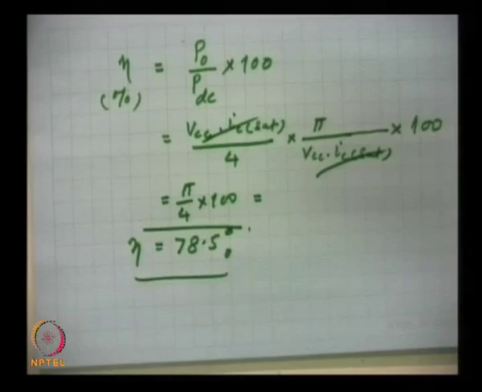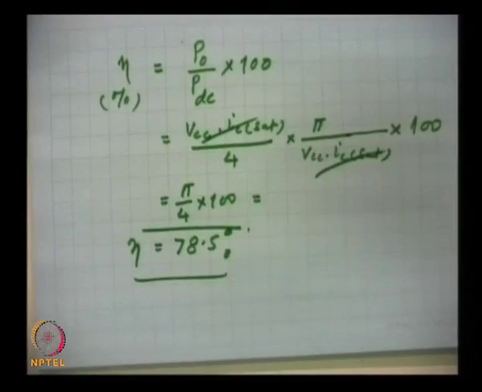Very high efficiency. This is of course the theoretical highest possible efficiency, 78.5% when the transistors are operating in class B as a class B amplifier. The efficiency for the class A power amplifier, when the load was capacitor coupled, was 25%.